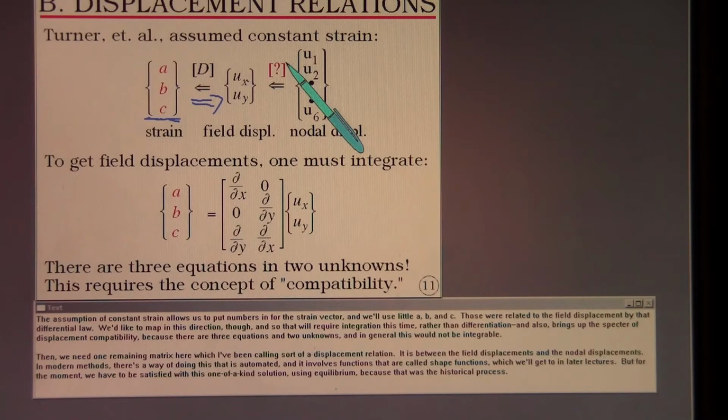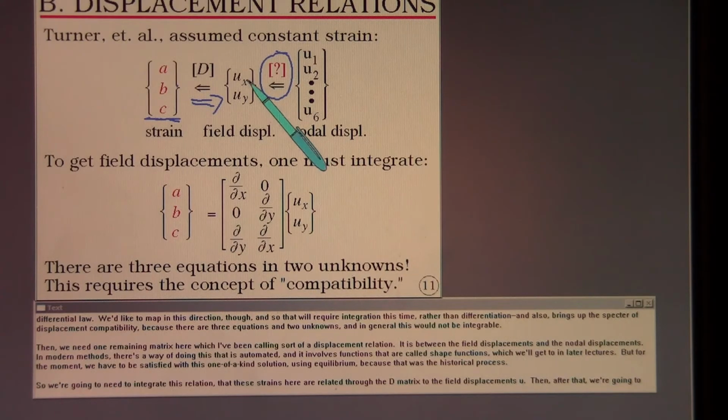Then we need one remaining matrix here, which I've been calling sort of a displacement relation. It is between the field displacements and the nodal displacements. In modern methods, there's a way of doing this that's automated and involves functions that are called shape functions, which we'll get to in later lectures.